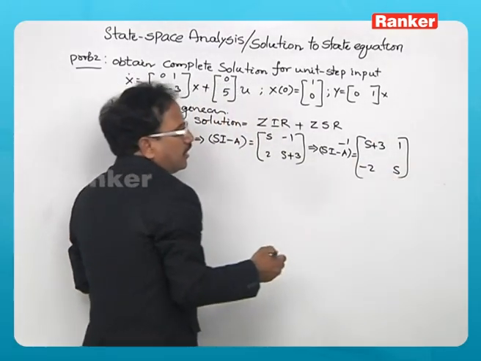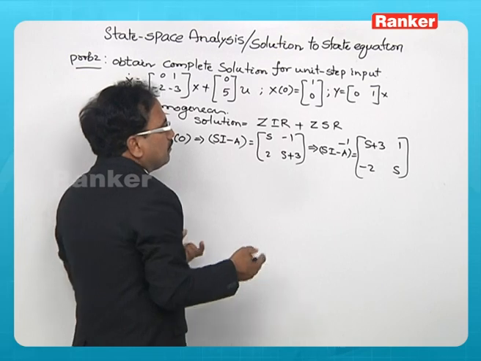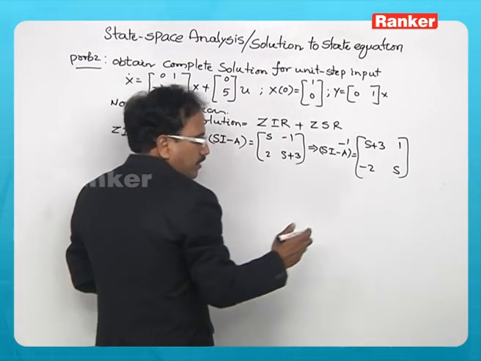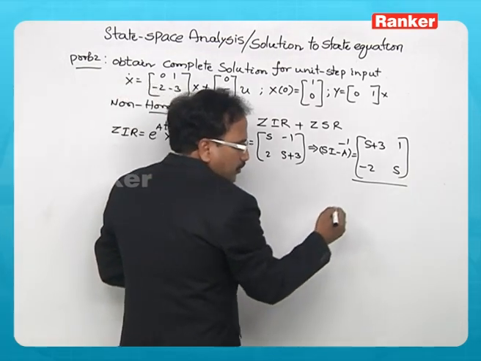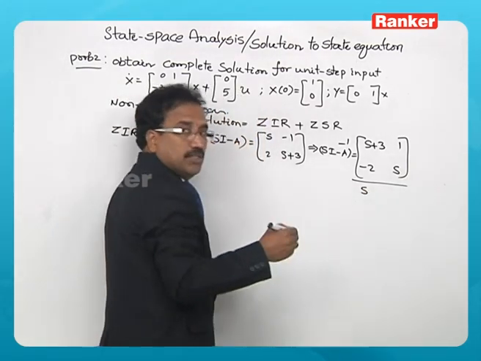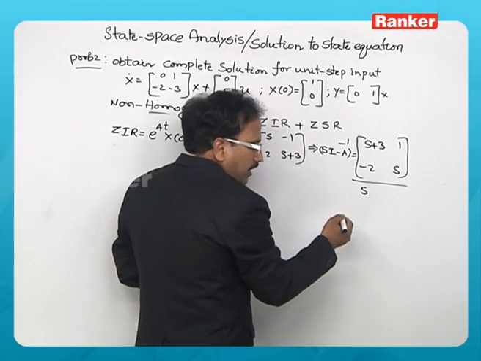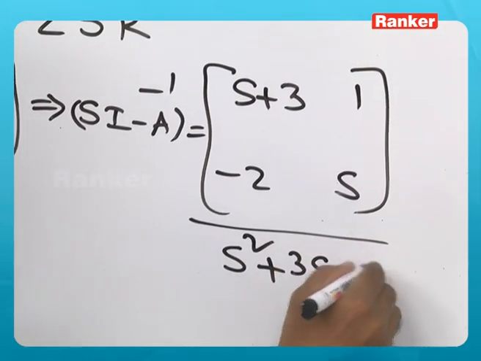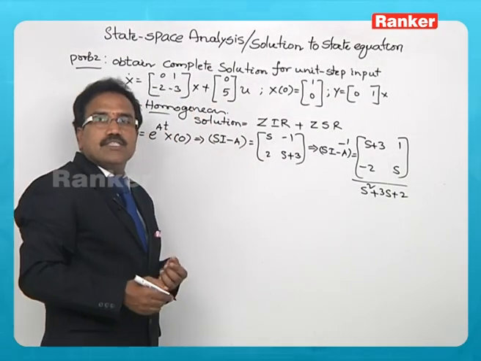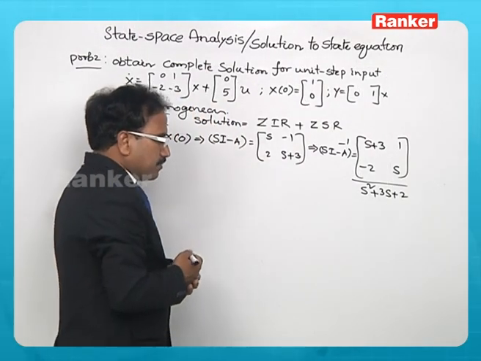So, this is the adjoint of sI minus A. Now, the determinant of the sI minus A matrix, you should get. So, you will get s square plus 3s plus 2. So, this is sI minus A inverse.